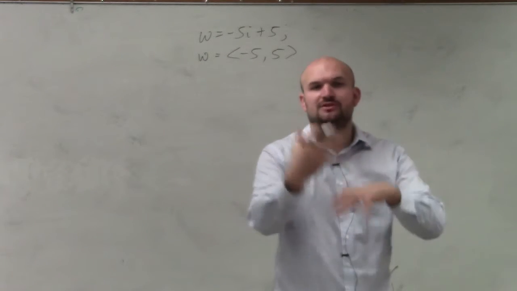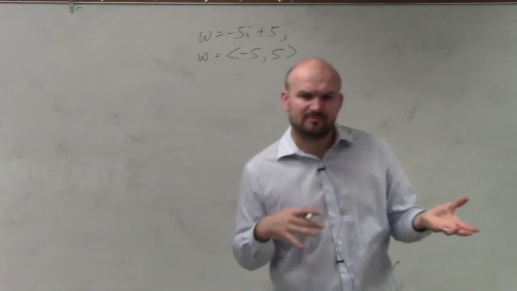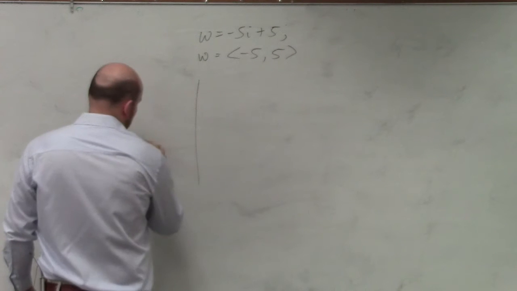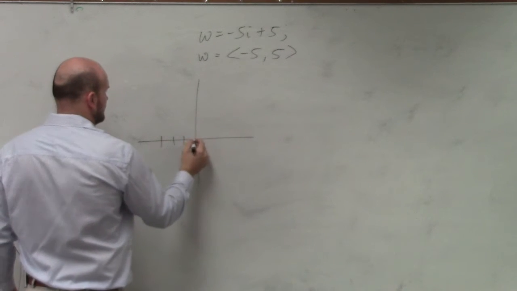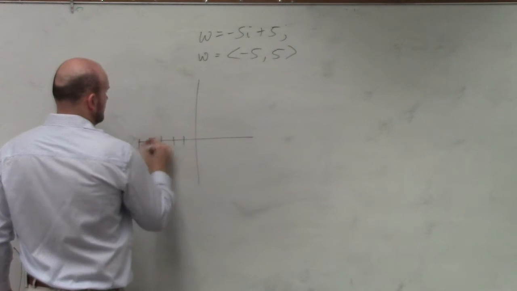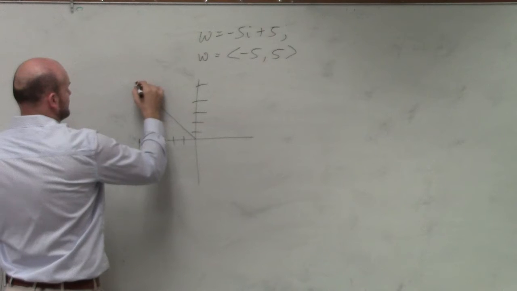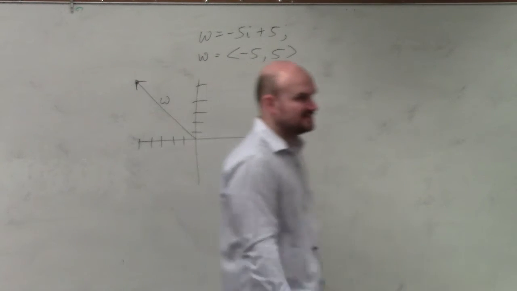So while you're still getting used to this i and j linear combination, write it in component form very quickly. If I want to sketch this, we didn't say to sketch it, but I want you to be able to use some visual representation here.